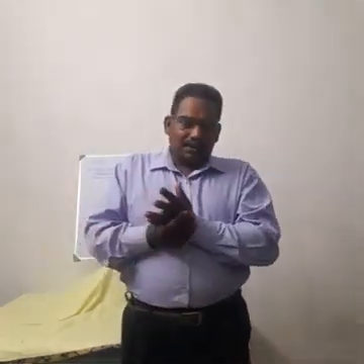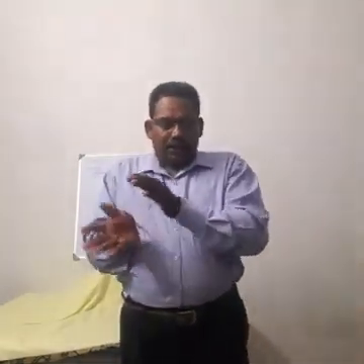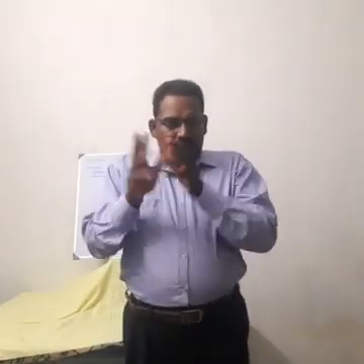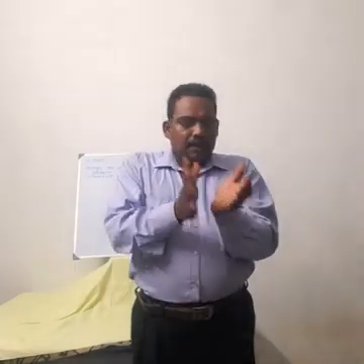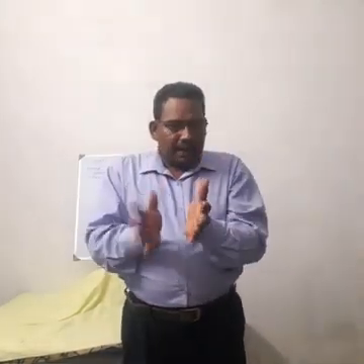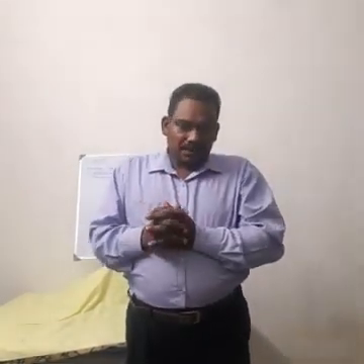Suppose number of moles is converted to mass means it is multiplied by molar mass. Clear? And also number of moles is converted to volume means multiplied by 22.4 liters. Suppose volume is converted into number of moles means it is divided by 22.4 liters.